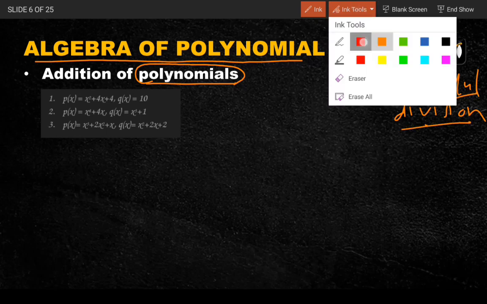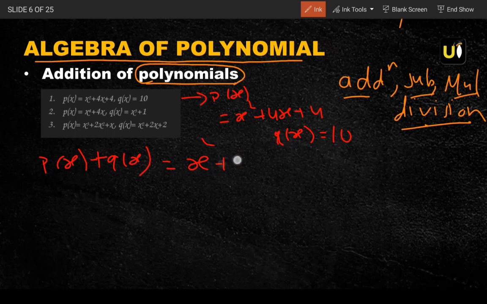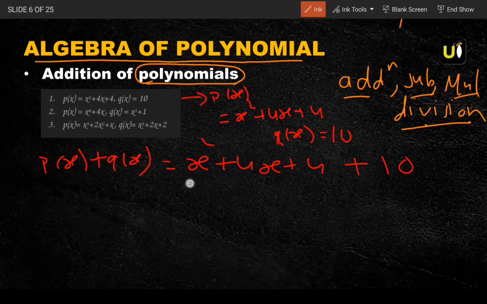The first example: p of x is equal to x square plus 4x plus 4 and q of x is equal to 10. So now adding these two, p of x plus q of x, x square plus 4x plus 4 plus 10. See here, this term is one polynomial expression and this is one polynomial expression, right?